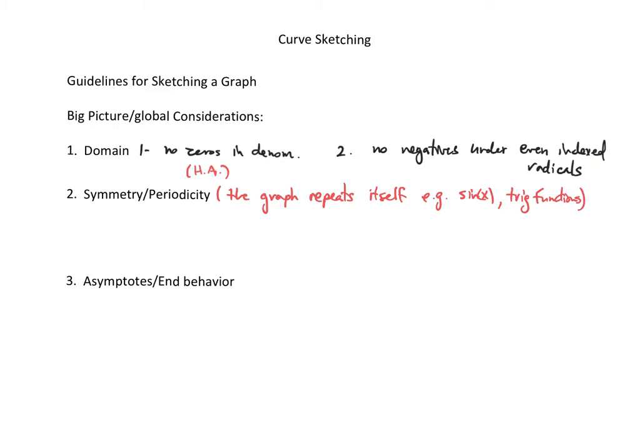Okay. As far as the symmetry part goes, we know that a graph will be symmetric about the y-axis if f of negative x is equal to f of x.